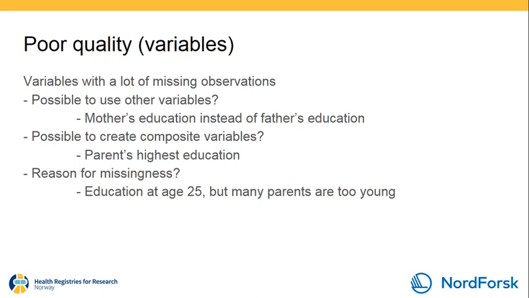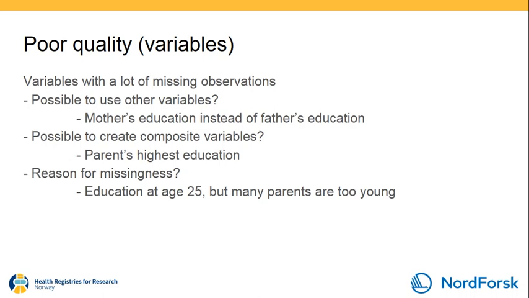It's not exactly what we were after, but it's better than introducing all this possible bias because father's education has so much missing. And mostly we know who the mother is when somebody's born, but we don't always know who the father is. The mother doesn't always want to say, and in some cases, the mother isn't really that sure either.